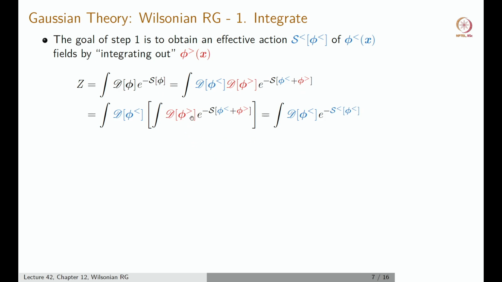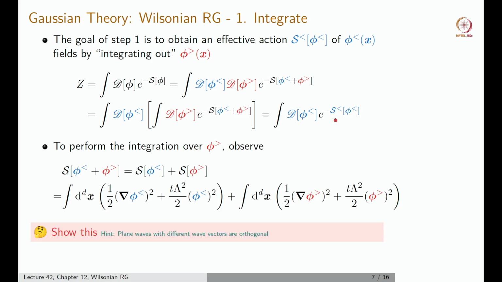When I perform that, I will get an answer which I will write as exponential minus S less than of phi less than, and that is the definition of S less than of phi less than. So this is what happens here. Alright, now how do we do this?